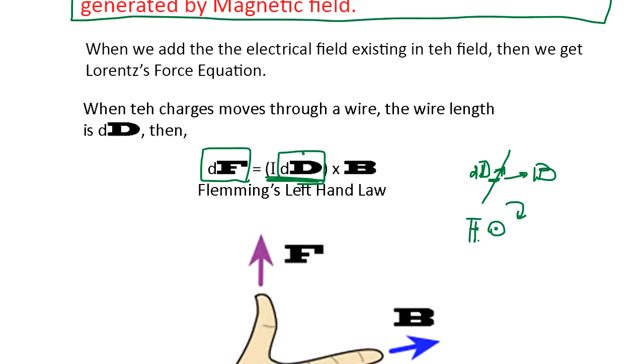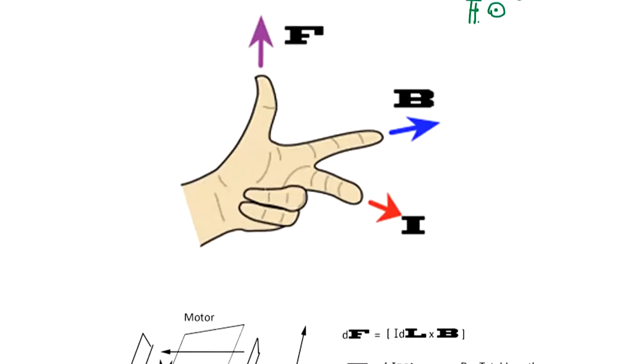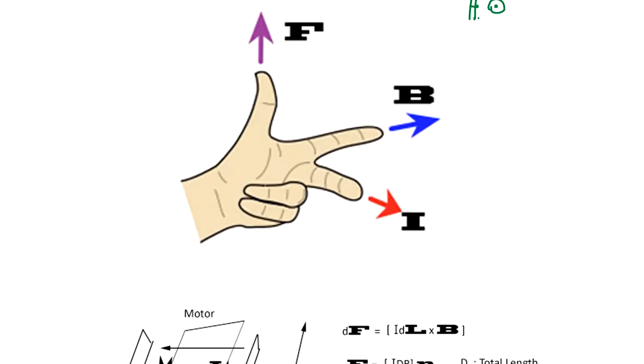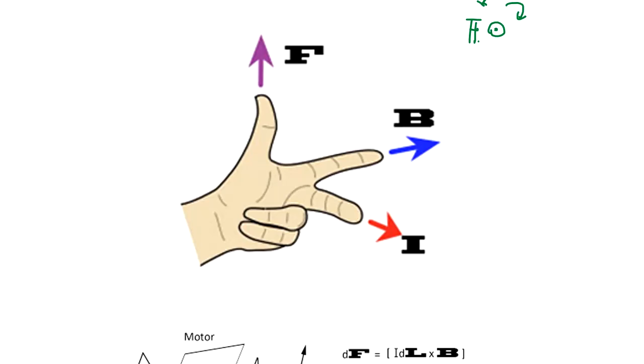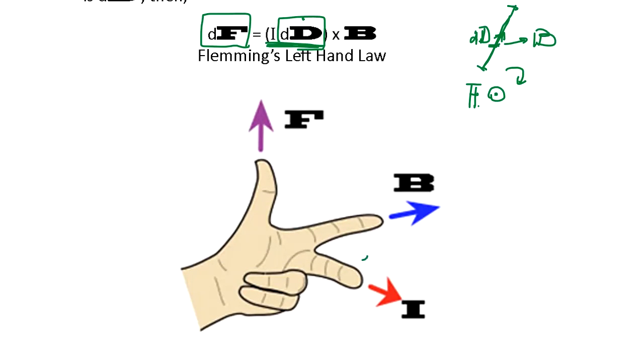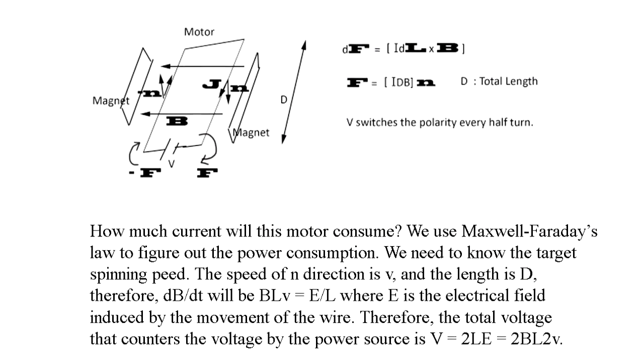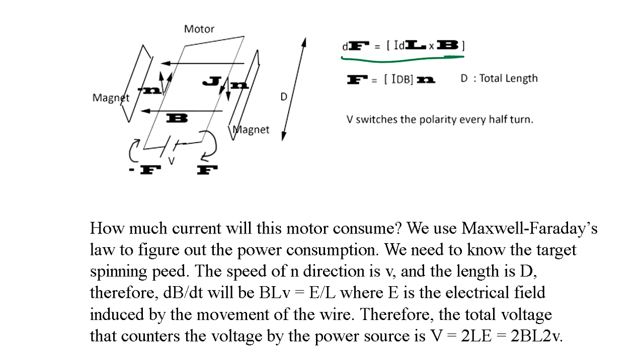So the entire force is the integration along this line, okay? So this is the famous Fleming's left-hand law. The force is I times B. Now, using that equation, we can calculate how much horsepower we can get from a motor.